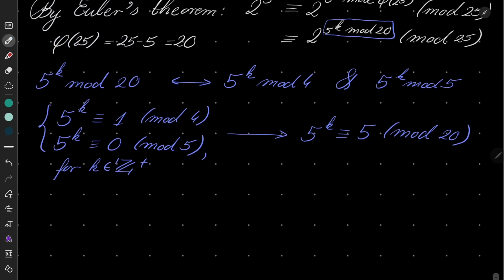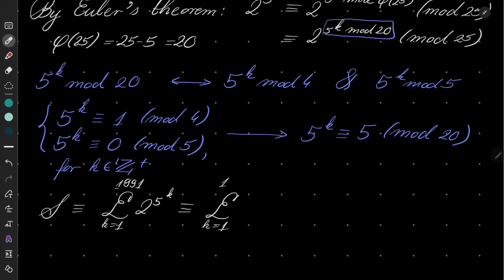So now our sum, which was the sum over k from 1 to 1991 of 2 to the power of 5 to the power of k, we know is congruent to the sum of 2 to the power of 5.